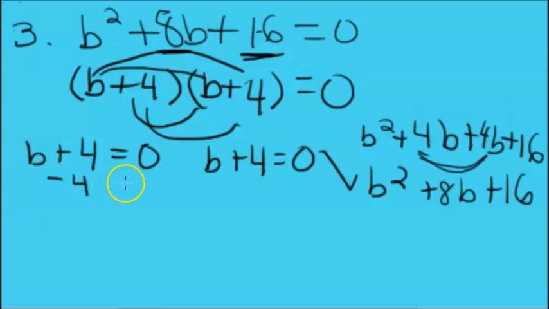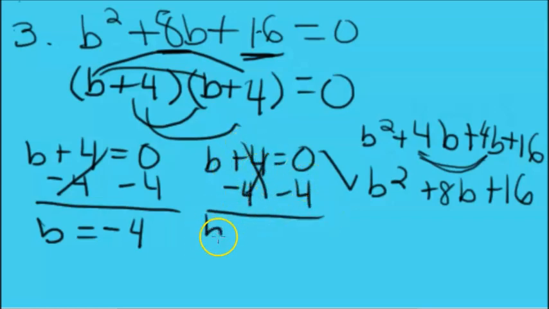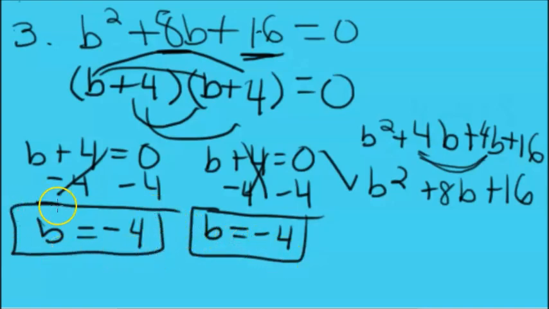So we're subtracting 4 on either side, which gives us b is equal to -4. And then we're also subtracting 4 on either side on this one. That cancels out. B is equal to -4. So for our answers, we have b is equal to -4 and b is equal to -4.